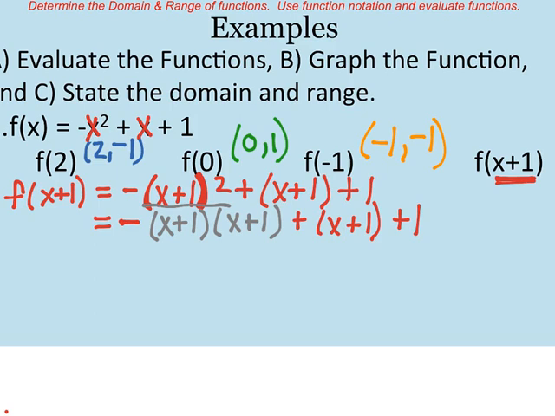We're going to take this first term and multiply it by this first term. So x times x is x squared. I'm going to take this first term and this last term and multiply them together. So x times 1 is just positive 1x.